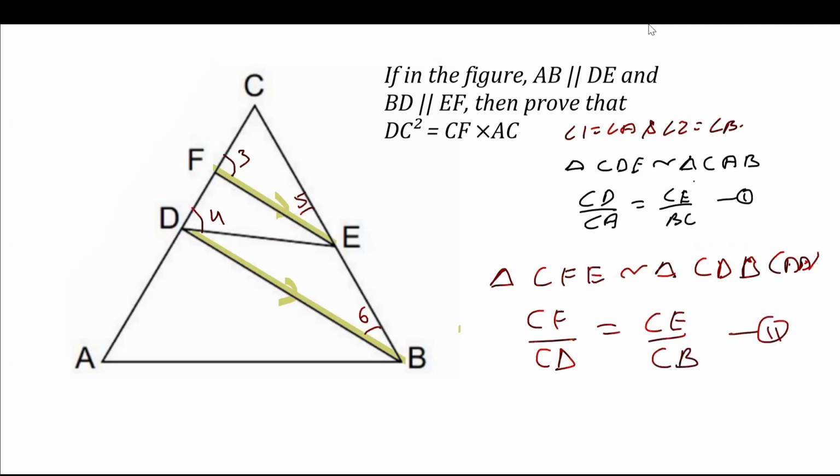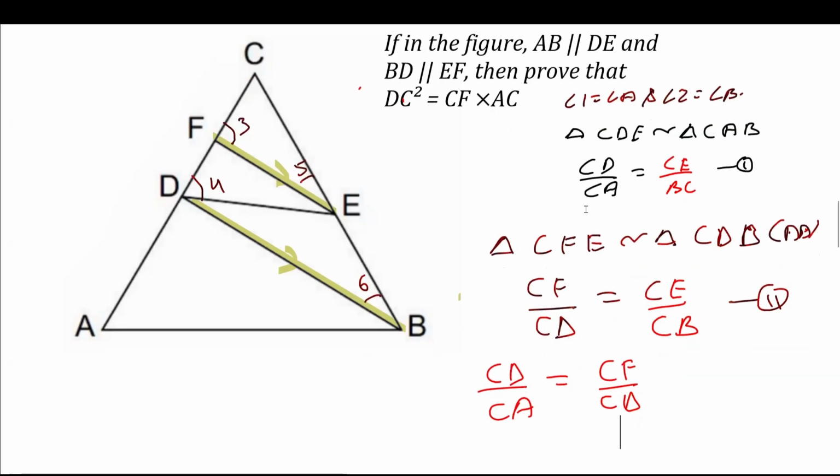Now check equation 1 and 2. Their RHS are the same, right? We have the same RHS. So we can equate their LHS. For equating LHS, what can we write? We can write CD over CA from 1 is equal to CF over CD from 2.